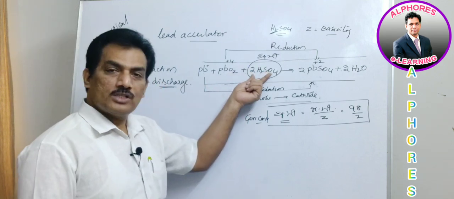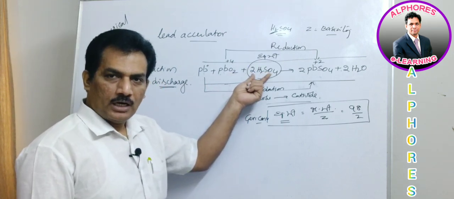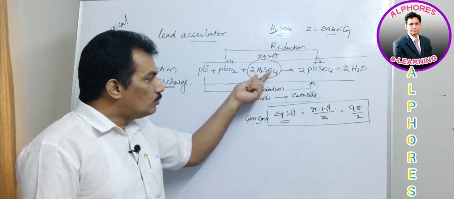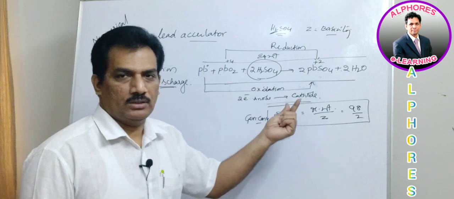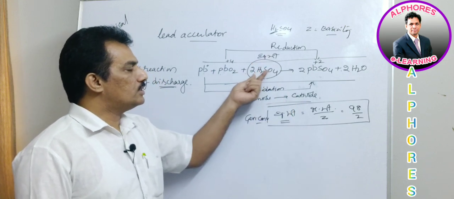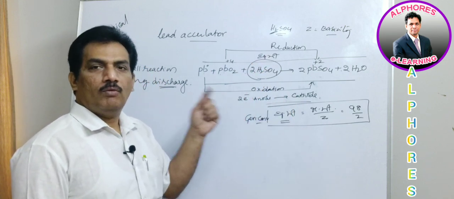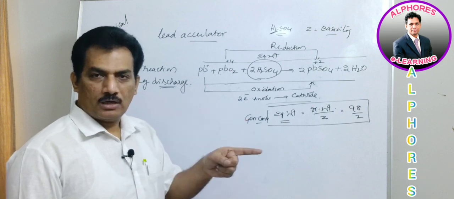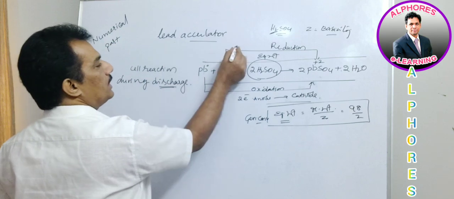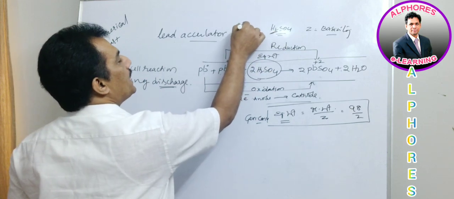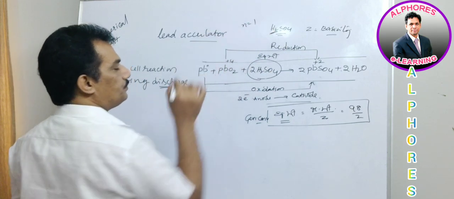Here 2 molecules of H2SO4 are involved, and 2 electrons are involved in the reaction. That means when 2 molecules are involved, 2 electrons are present, so 1 molecule requires 1 electron migration. Hence in this lead accumulator the H2SO4 n factor is 1.